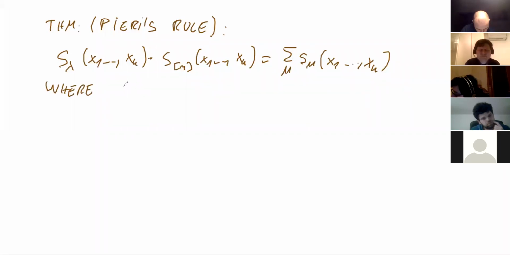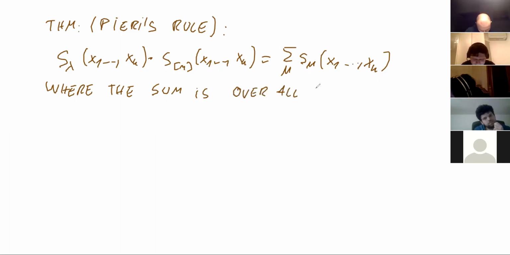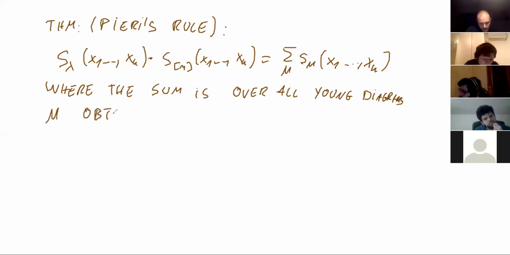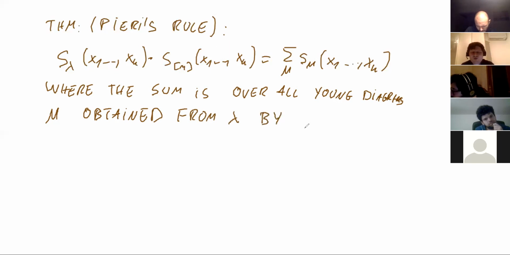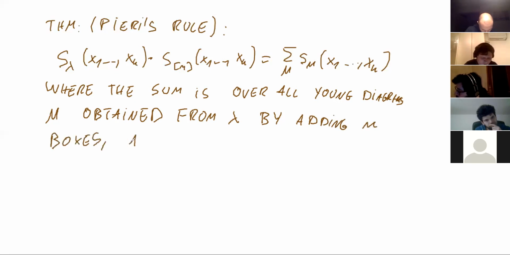The sum is over all Young diagrams mu obtained from lambda by adding n boxes, at most one in each column.